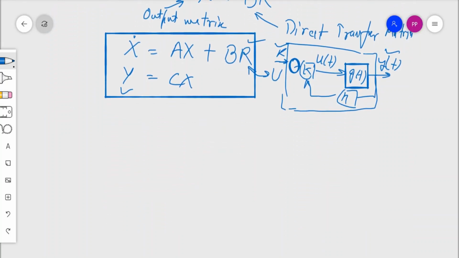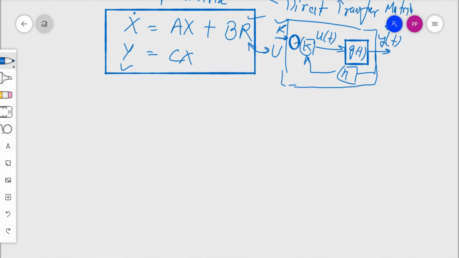Sometimes in books you will see that it is written in the form like x dot, they write small x dot equals capital A small x plus small b small r, then small y equals small c small x plus small d small r.